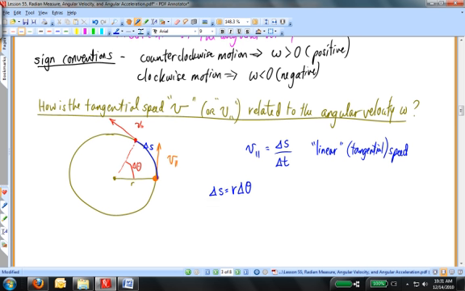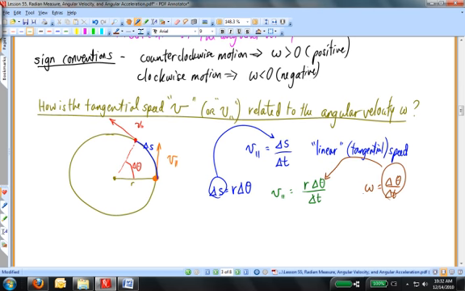Let's put that relationship into the linear or tangential speed relationship. When I make that substitution, I get that v is equal to r delta theta divided by delta t. But now, what is delta theta over delta t? That's equal to the angular velocity, or the magnitude of the angular velocity.